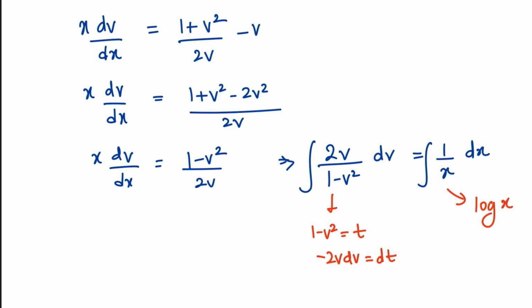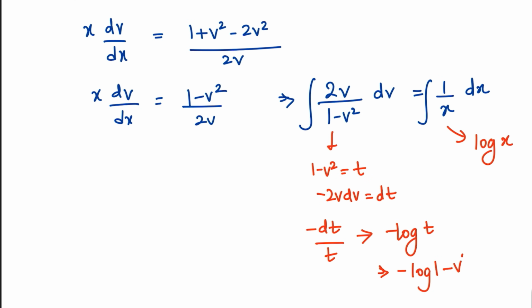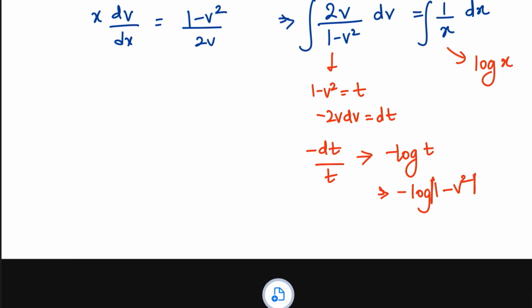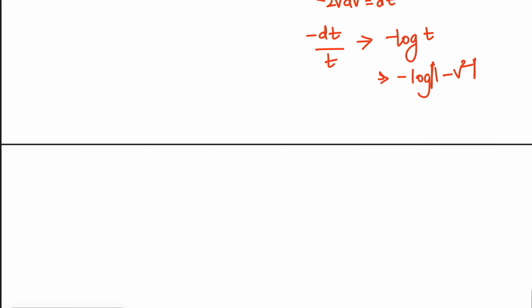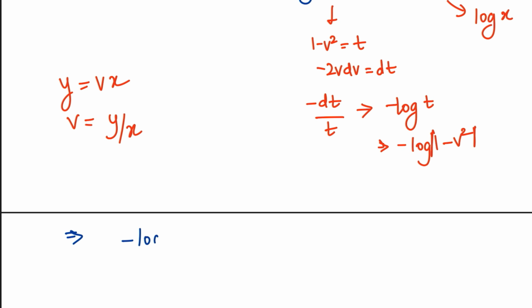So when I put 2v dv equal to minus dt, upon t, where 1 minus v square is t, this is minus log t, and t here is 1 minus v square. V was equal to y by x, since y is equal to vx, v will be y by x. Minus log 1 minus y square upon x square equal to log x plus c.